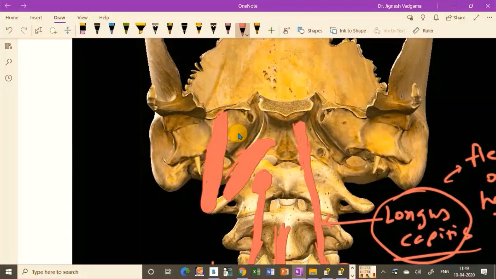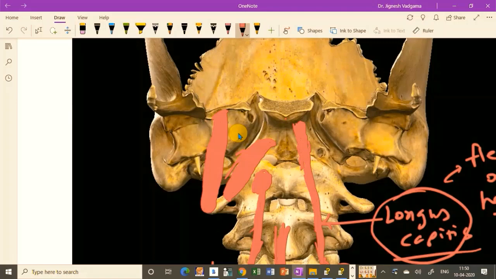And the rectus capitis lateralis muscle is going to arise from the upper surface of the transverse process of the C1 vertebra, passes straight upward, and is going to insert over the jugular process of the occipital bone.